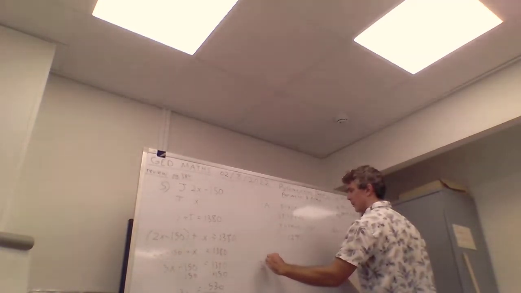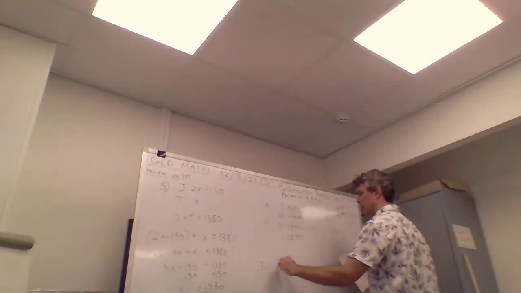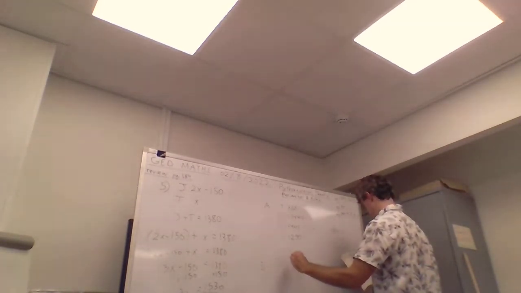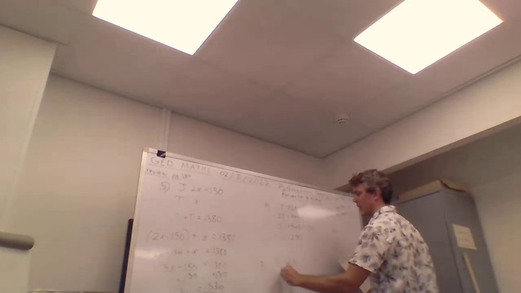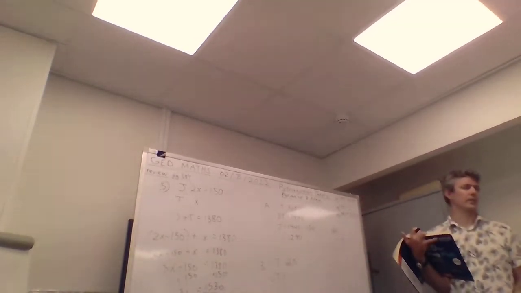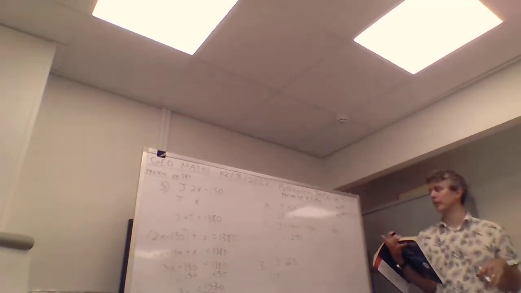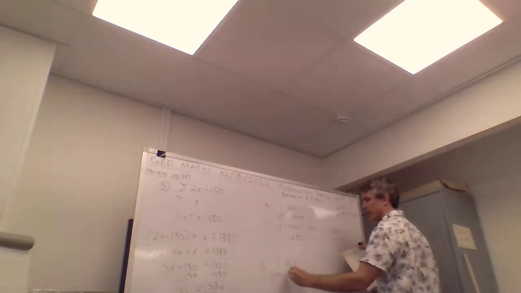B says Tom is 660. So again, 2 times Tom is what? You can use a calculator for this, but you can do it in your head too if you want. So this is 1320. Okay?